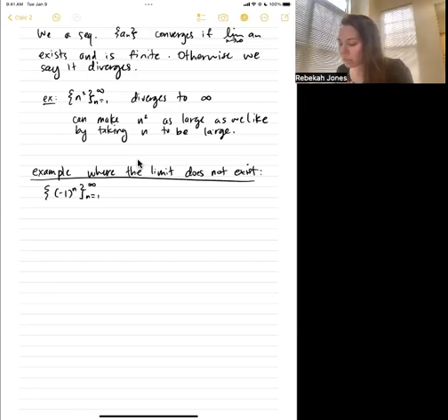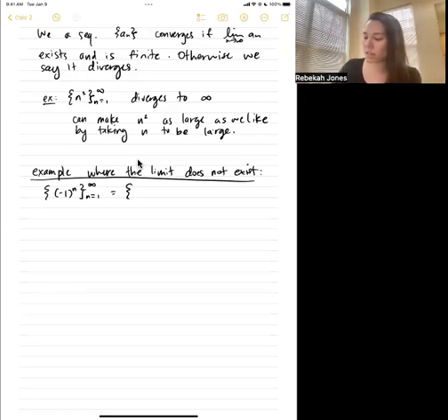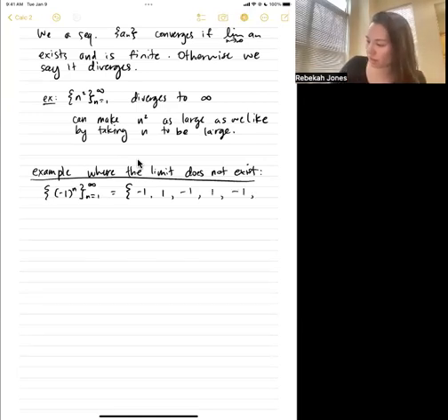So we've got -1 to the n, right? And if we write out the values in this sequence, starting from 1, that gives us -1. When we plug in n equals 2 for the second term, we get -1 squared, which will make it positive. And then when we plug in 3, that will be negative again, -1, and then positive, and then negative, and so on, right?